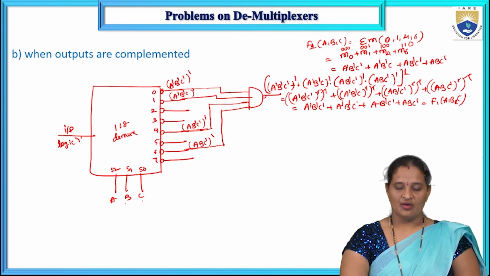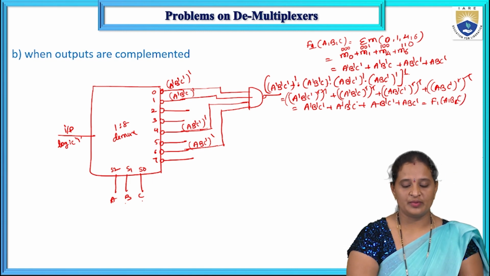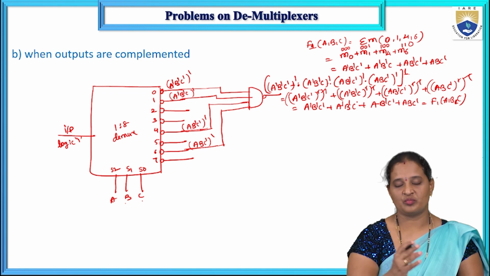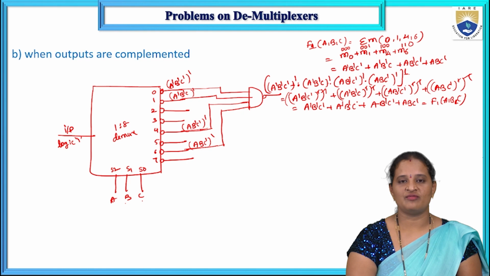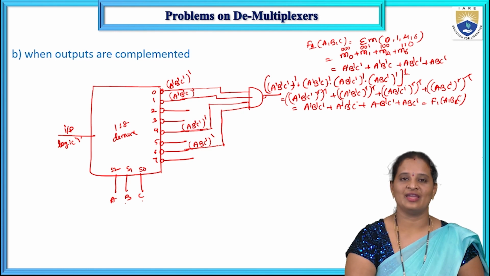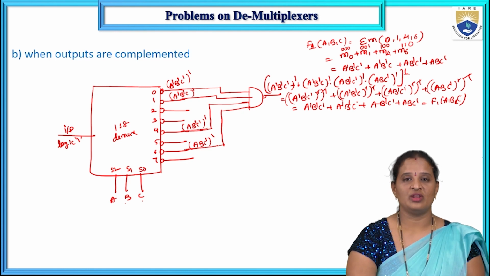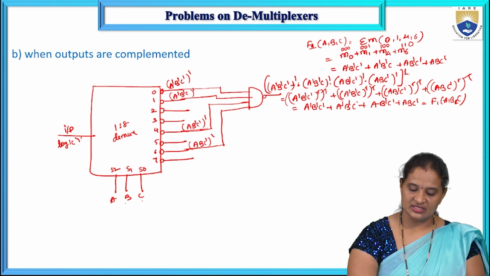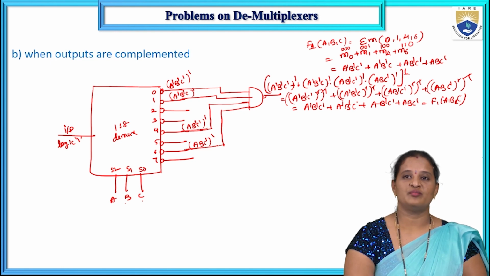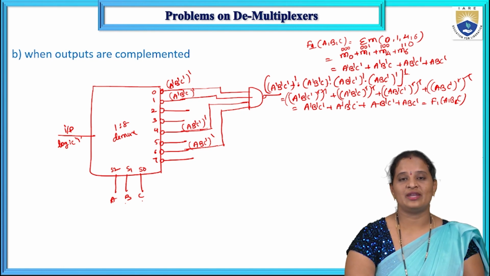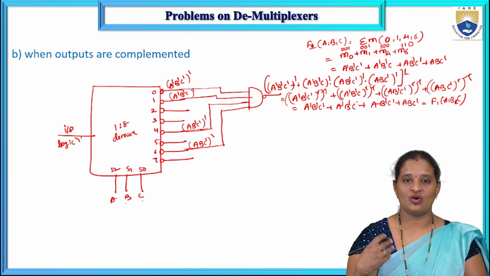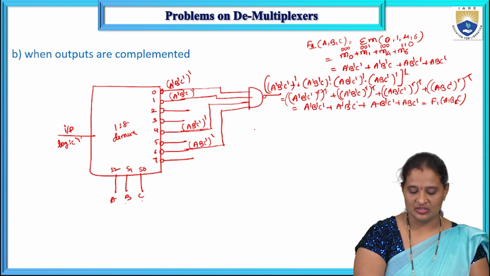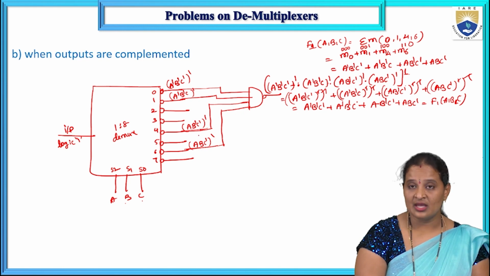So what I want to say is, when the outputs are to be complemented, then in place of an OR gate, use a NAND gate so that the output will remain the same. So this is the implementation of the given Boolean function F1 by considering the outputs as active low, or else the outputs are complemented. So similarly, I want to implement the second one.